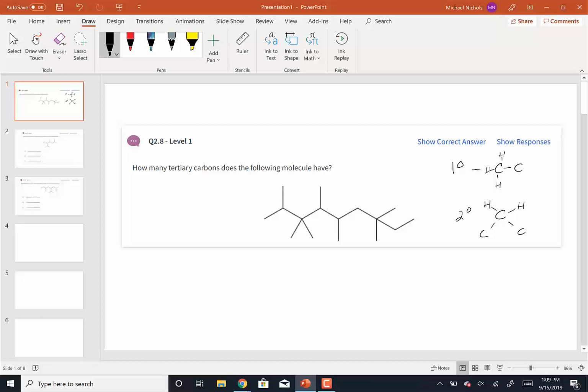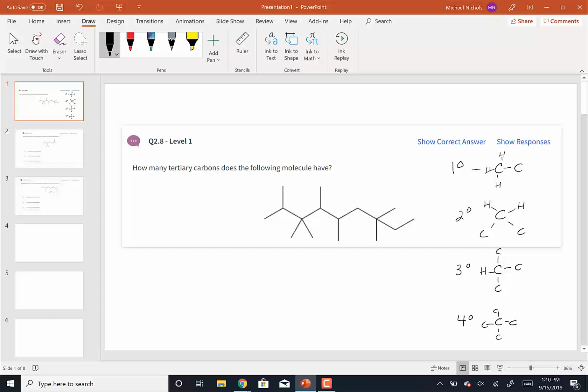So in a pure hydrocarbon like this, in an alkane, it would be a CH2, and a tertiary would have three carbons attached and one hydrogen. And then a quaternary carbon has a carbon with all carbons attached.